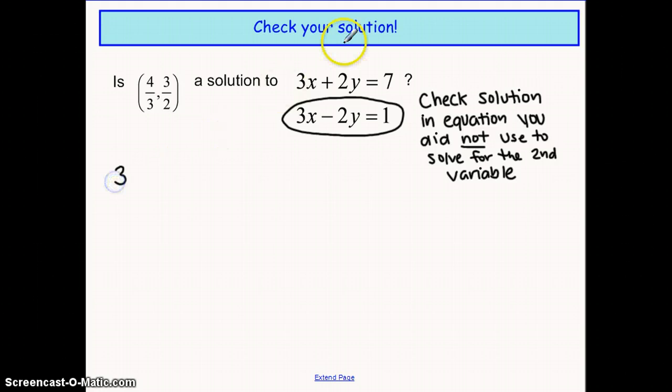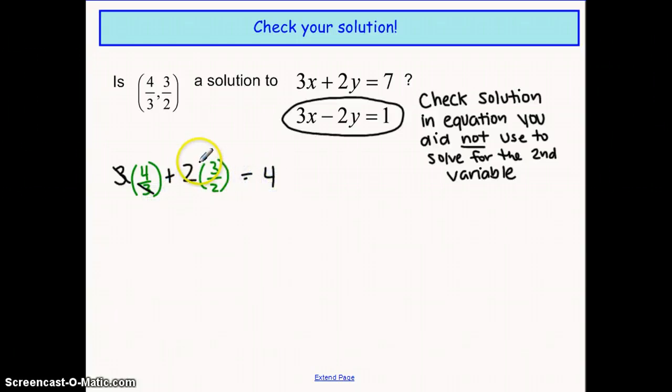We take 3, and we've got to multiply it by 4/3 because that's our x. And then we're going to add 2 times 3/2 because that was our y, so 3 over 2. And we've got to see if that equals 1. So when we multiply 3 by 4/3, the 3's cancel out and we get a 4.